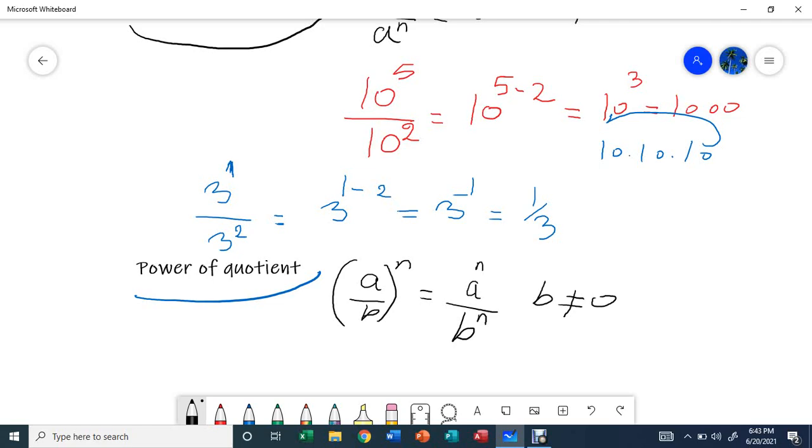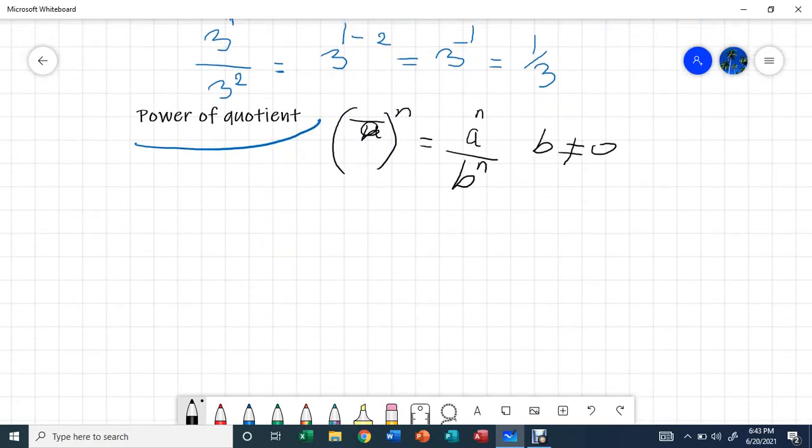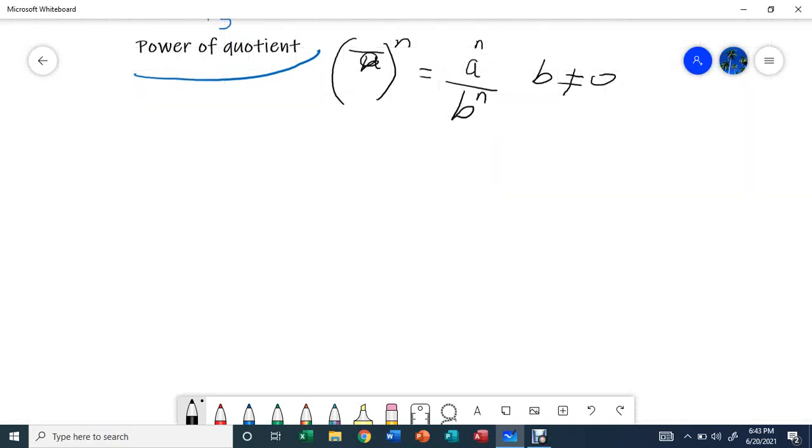Let me give an example. Let's see, we have 5 over 2, squared.